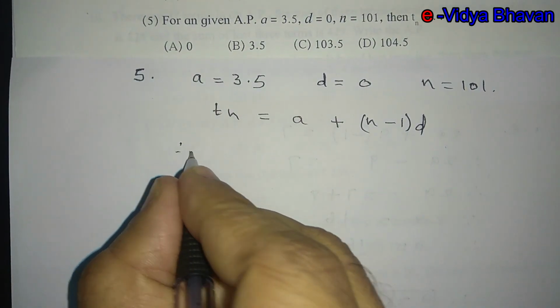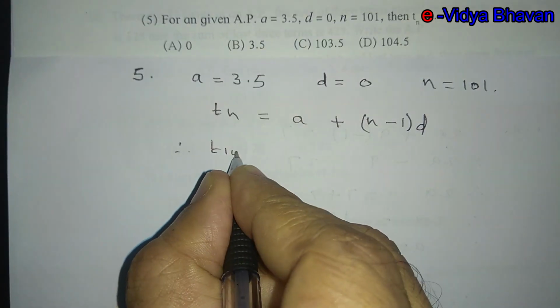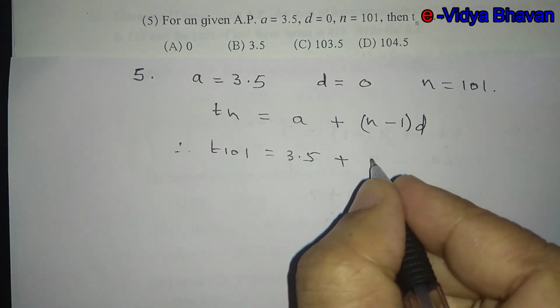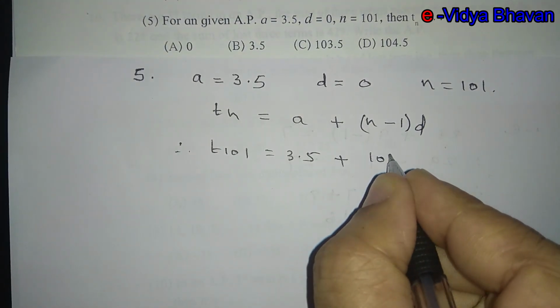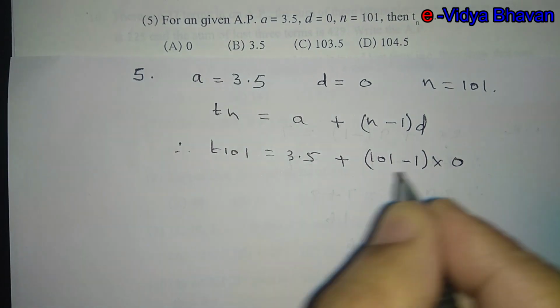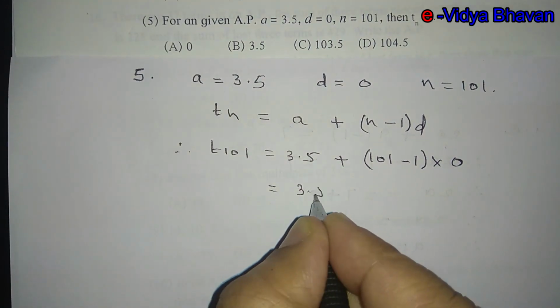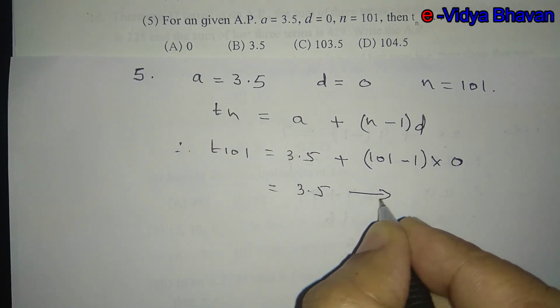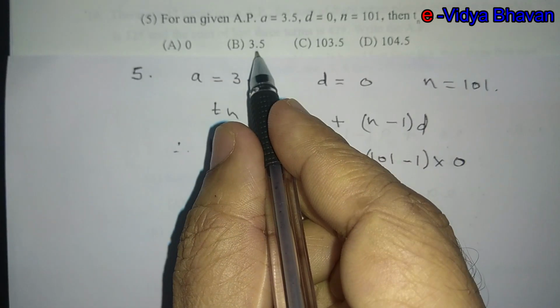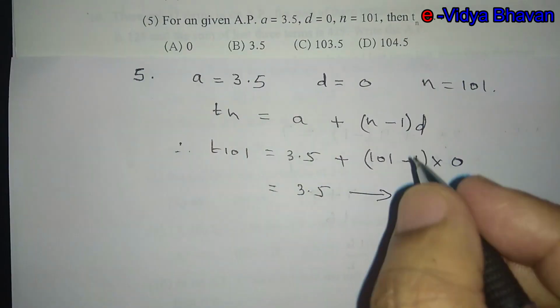That is, T101: a 3.5 plus n is 101 minus 1 into d is 0. So the answer is coming 3.5. So your option comes out of these 4 options: A is 0, B is 3.5, C is this, D is this. So B.